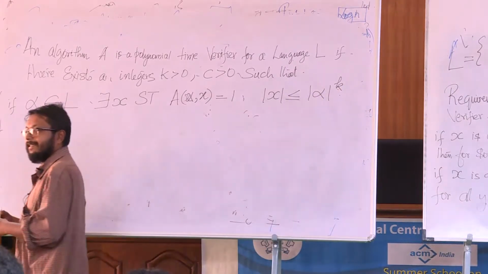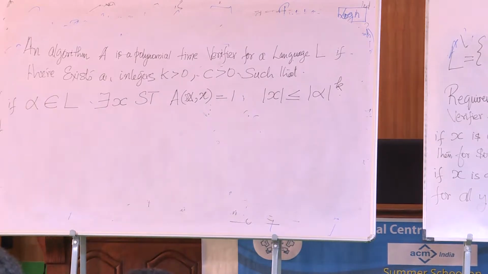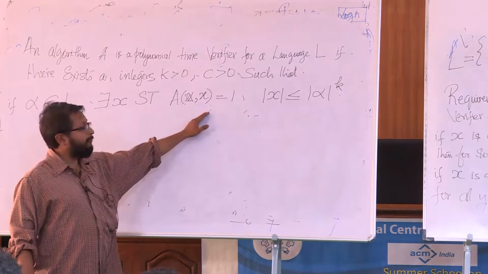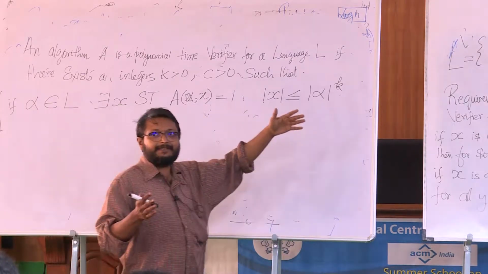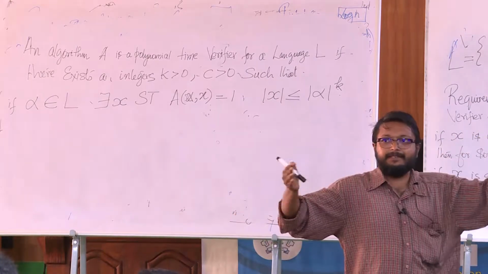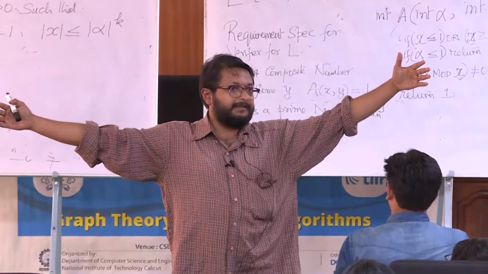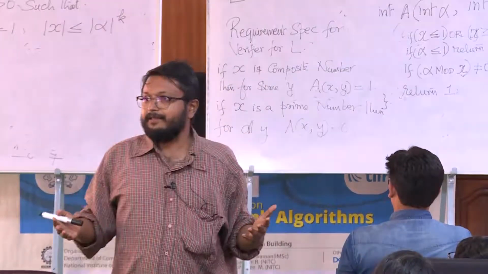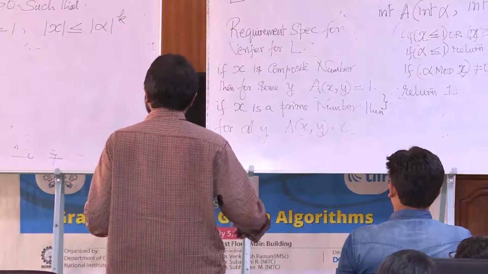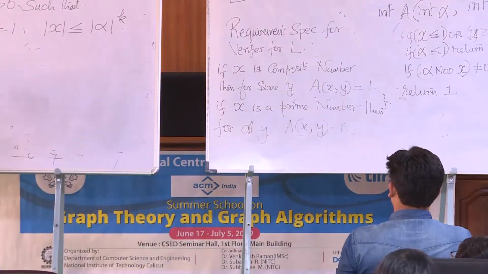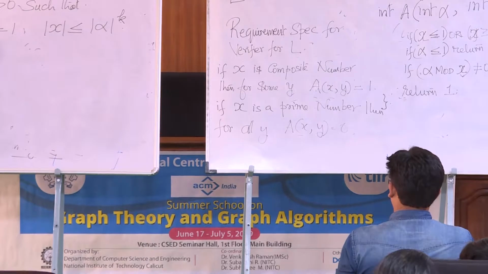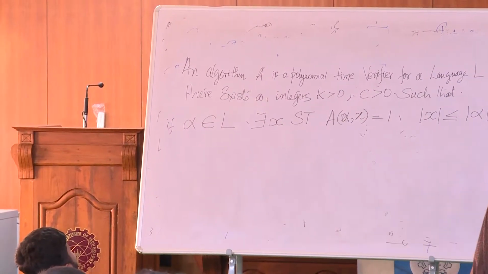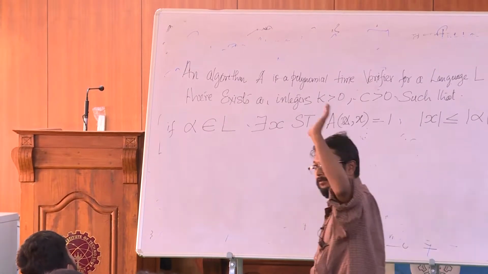So, I am trying to say that if alpha belongs to L, there is a proof or a candidate x whose description does not require too many bits as compared to the description of alpha, such that when your algorithm is applied with alpha and x, it runs and returns 1, correct?